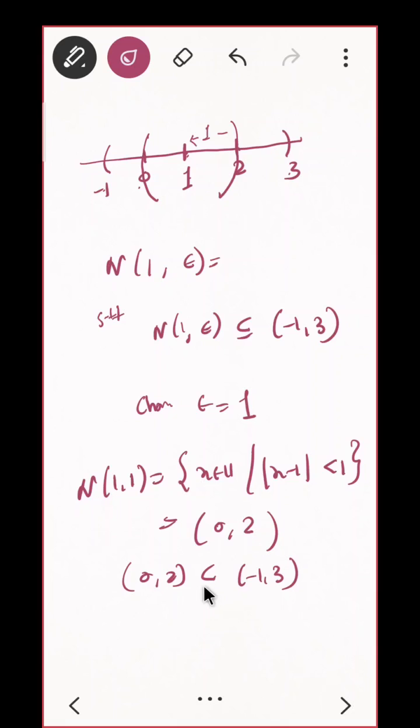This 0 to 2 is N of 1, 1, and it is completely lying between minus 1 to 3. Do you see that? This is what I was asking you to prove. That means you need to give me an epsilon such that with that epsilon I am forming a neighborhood that is completely contained in this interval. Is that okay?